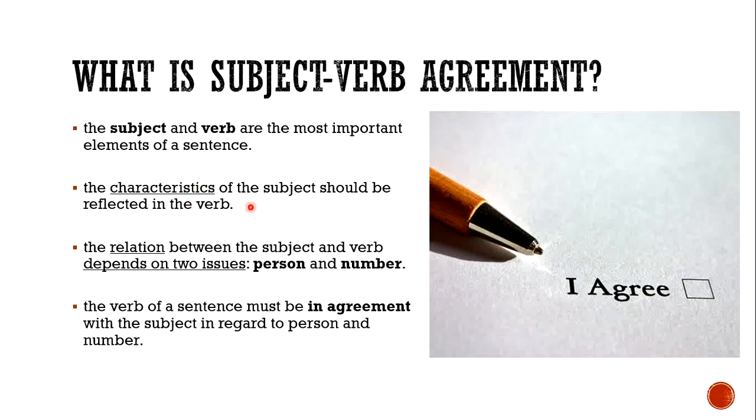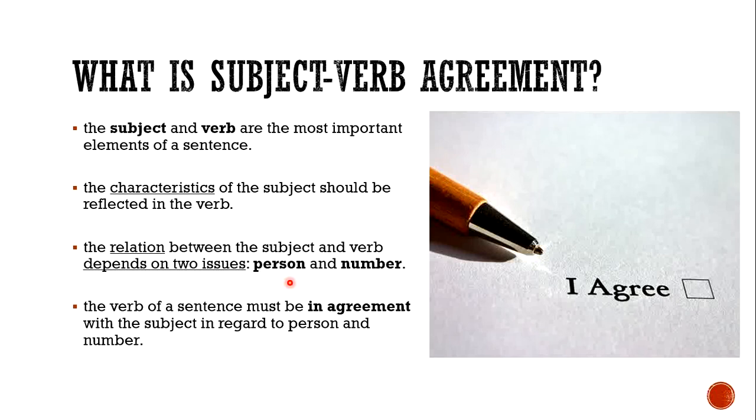Now, what do I mean by characteristics? They are the person and the number. The relation between the subject and the verb depends on two issues: person and number. Person: first person, second person, third person. First person, for example, I, we.